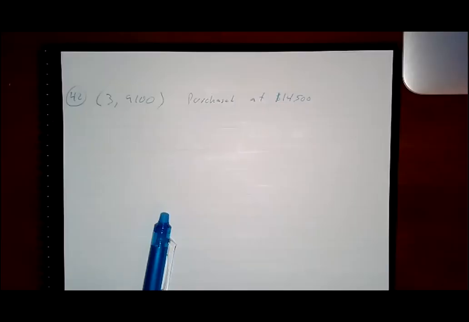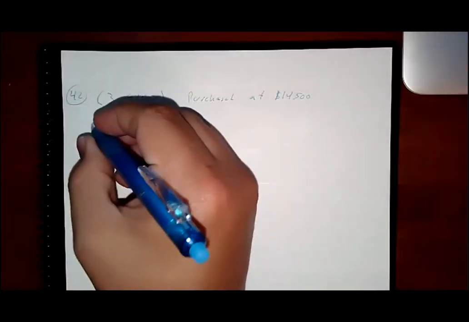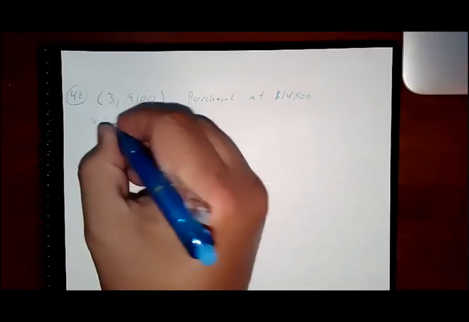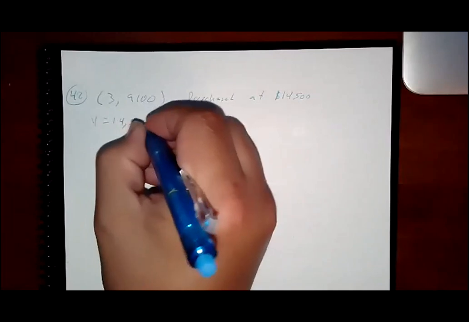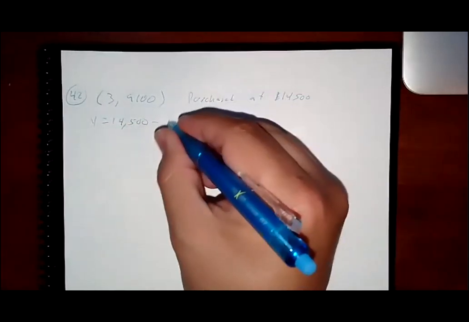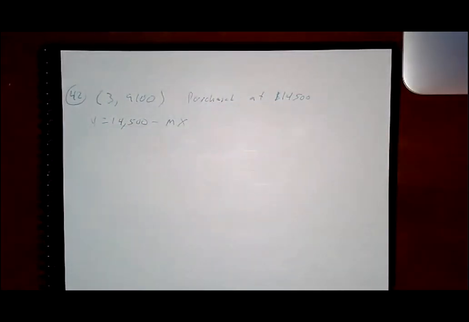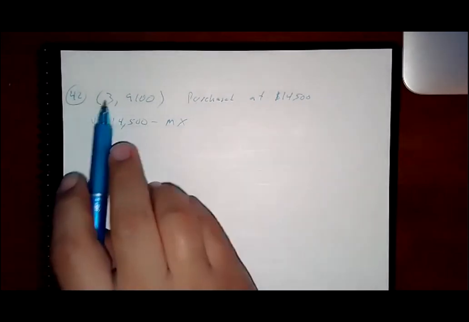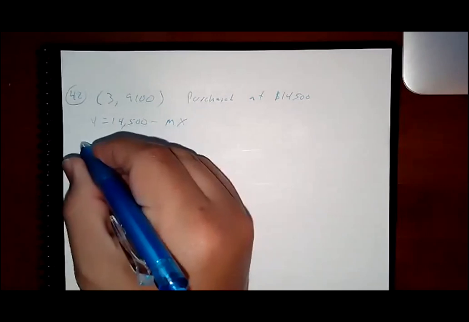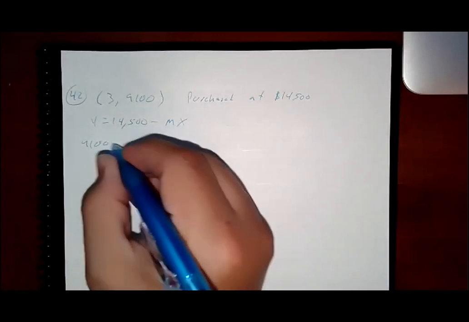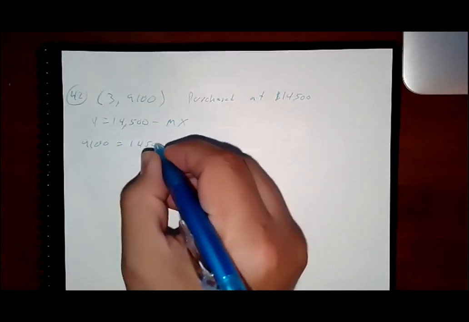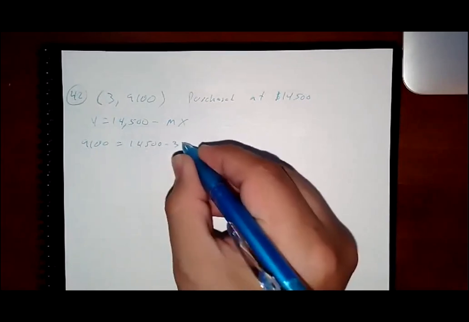Building the equation, I think it should be y equal to 14,500 minus some mx. I don't know how much I lose every year. I just know how much I lost in 3 years. So plug in the y, plug in the x.